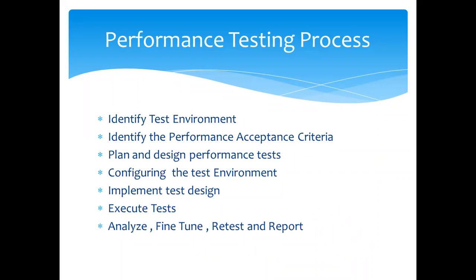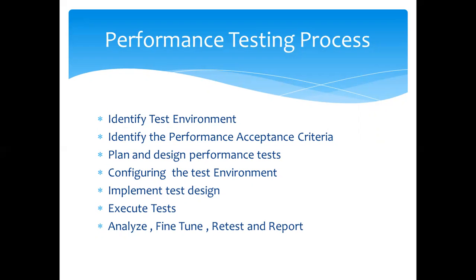One is the first step, identifying the test environment. Second is identifying the performance acceptance criteria, then plan and design performance tests. So identifying the test environment, you need to identify your own environment. How is your physical test environment, your production environment, what tools you need to use, what tools are available, what hardware you need to use, what are the software or network configurations.